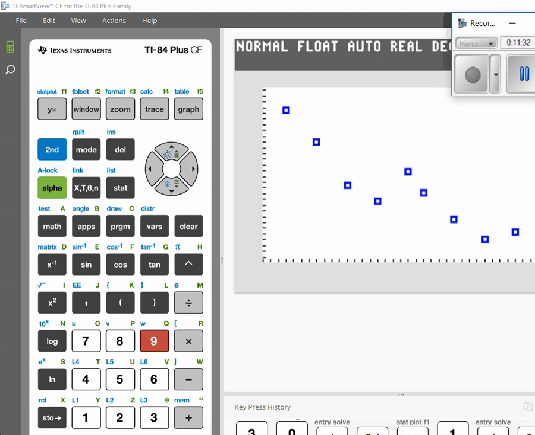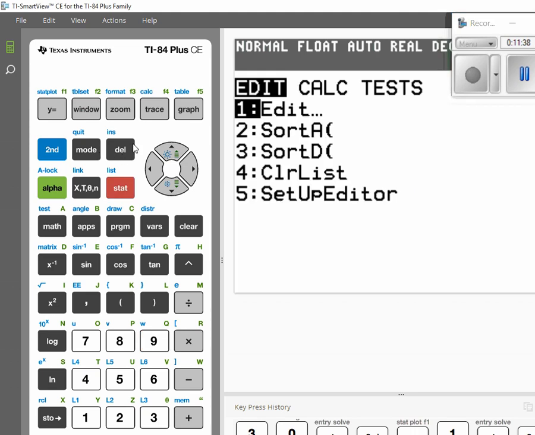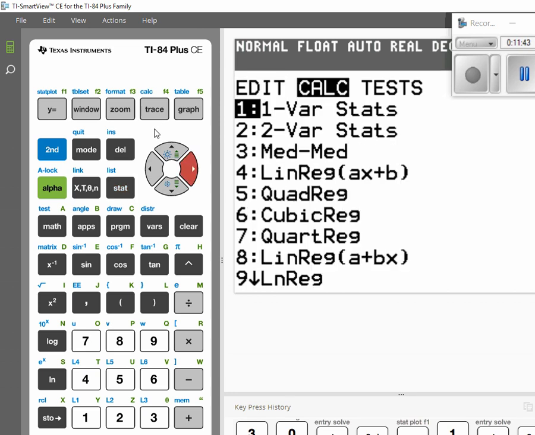All right, so now we're going to stat. Everybody with me? Stat. Then we're toggling over to calc. So you use the arrow button to go over to calc. Does everybody know where I am? Okay, so now we're going to be picking number 4 for linear regression. Because we've determined that this forms a line, we're telling it to make the equation of that line.